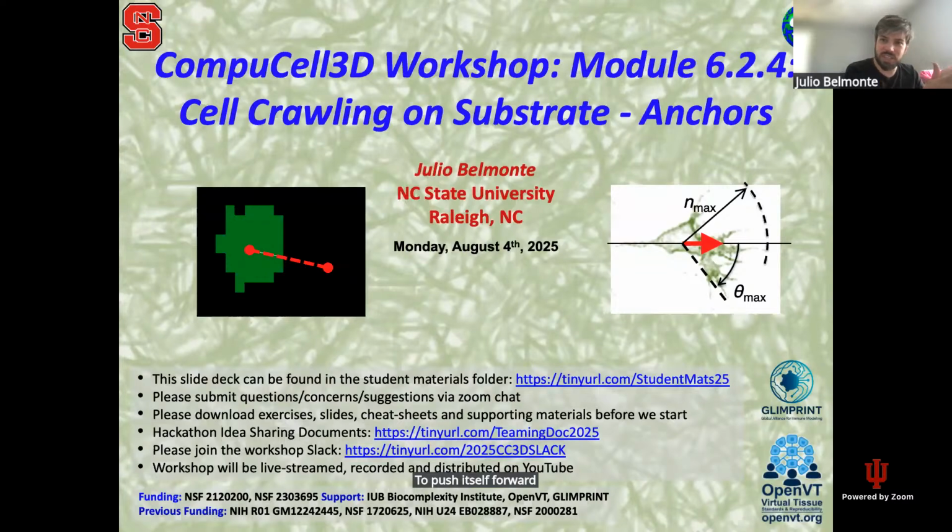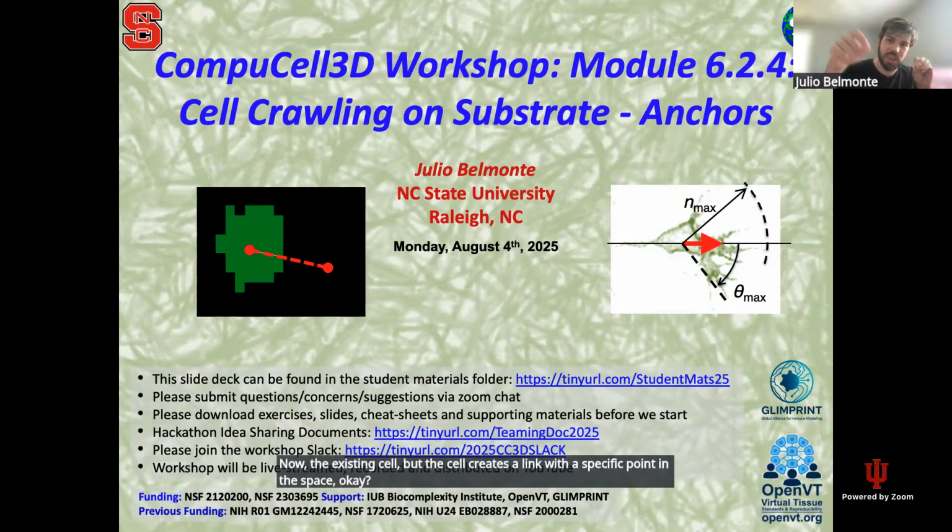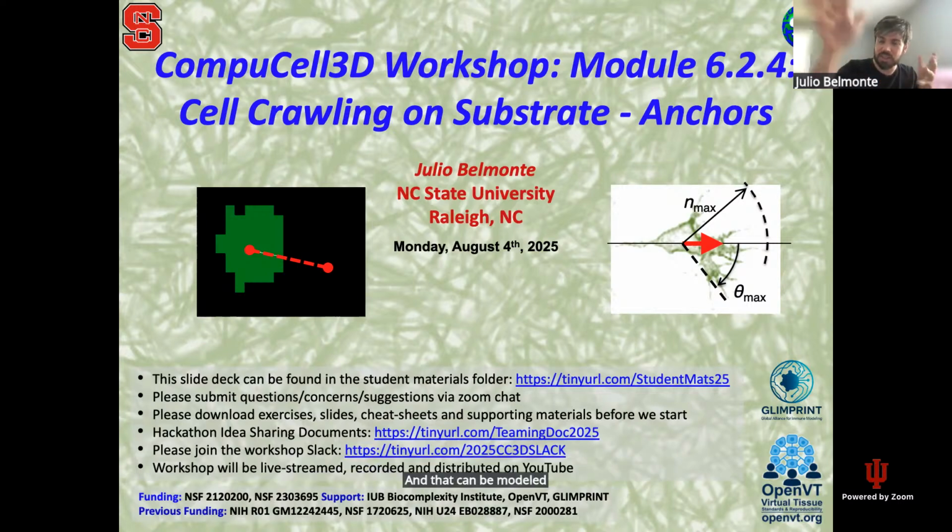Now we're going to do a similar model but using anchors, where the cell does not create a link with another existing cell, but creates a link with a specific point in space. That can be viewed as a filopodia extension of the cell: the cell extends some kind of protrusion in front of it, grabs the substrate and creates an additional point there, and then it pulls itself forward towards that point, and then does another one.